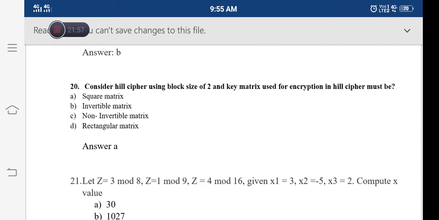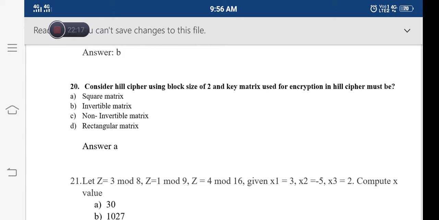Ciphertext into K inverse gives the plain text back. So if at the time of encryption you fail to choose matrix elements such that we can find the inverse, then decryption will not be successful.